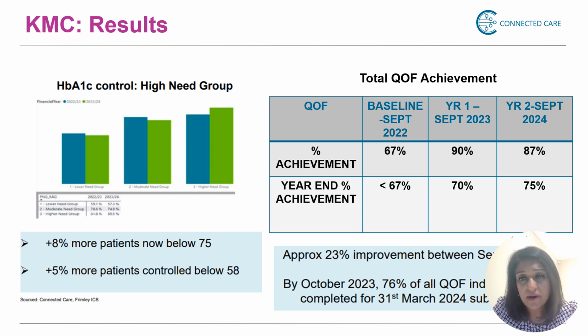We had 70% of our population controlled in 2023 and 75% in 2024, showing this rolling effect. Furthermore, we had 8% more patients with an improved HbA1c less than 75 and 5% more below 58. Therefore, really moving from this reactive way of working to a proactive way of improving people's baseline prior to winter.